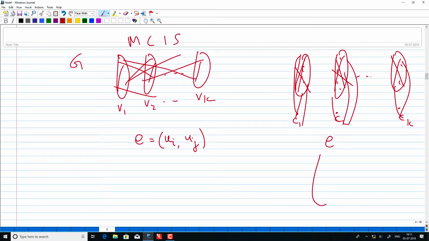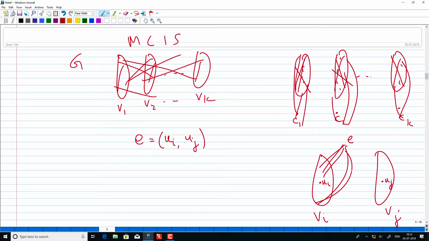So, let us say you have this color class Vi and color class Vj, and I have a vertex for E, and my Ui is sitting here and Uj is sitting here. I am going to make E adjacent to everybody except Ui and Uj, just in these two color classes.